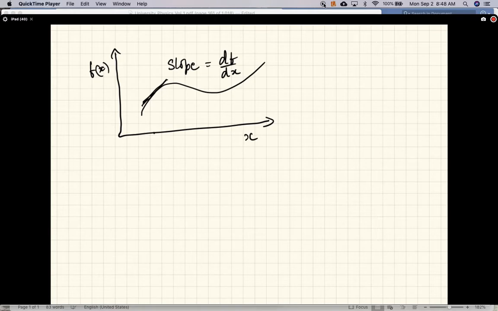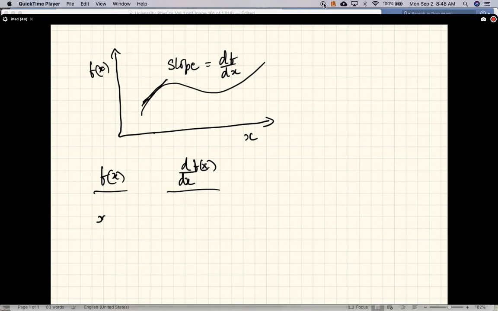So for instance, you get a standard laundry list of functions and their derivatives. So I'll write them down. Again, like we said, the derivative of the function represents the slope of the tangent line at that x.